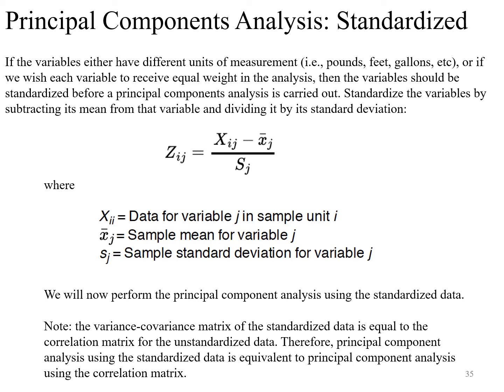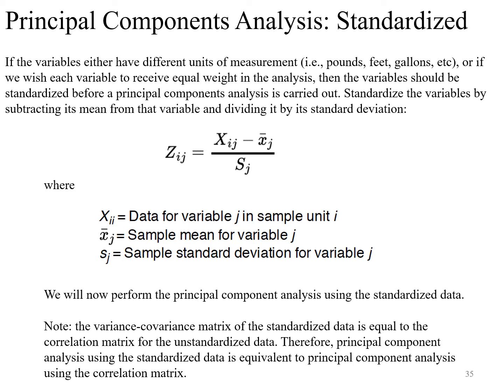Now, the variance covariance matrix of a standardized data set is equal to the correlation matrix for unstandardized data. Okay. Therefore, a principal component analysis using standardized data is equivalent to a principal component analysis using the correlation matrix.